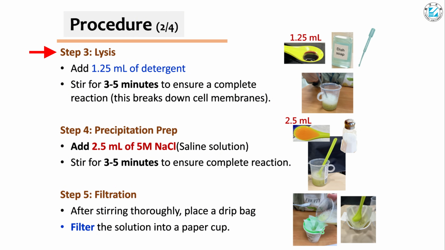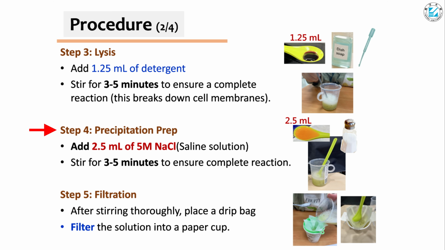If you do not have a dropper to measure the 1.25 milliliters of detergent, you can also use a spoon, as shown in this figure, for 1.25 milliliters of detergent to mix. Then we move to step 4.